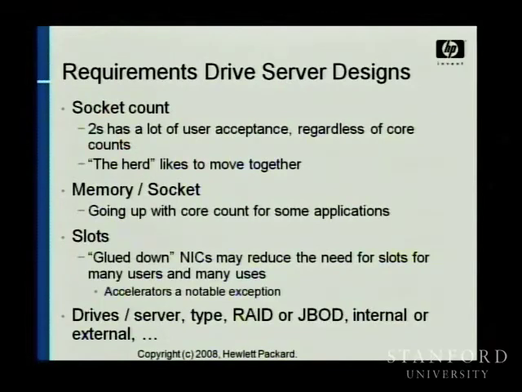Okay, and so these requirements drive the designs. One thing is what I call herd mentality: everybody's afraid to leave 2-socket servers behind. It's been a nice little sweet spot, and it doesn't matter that a 1-socket server of today looks more like a 2-socket server of a couple years ago. People still want 2-socket servers.